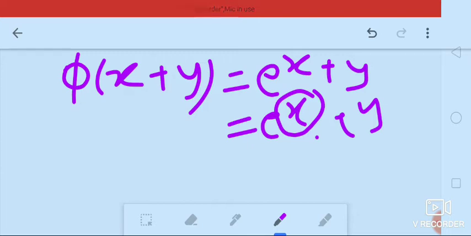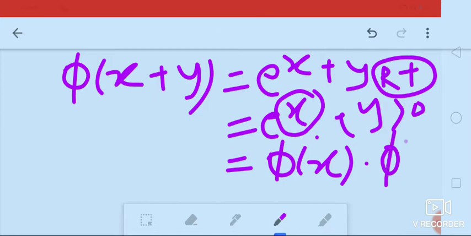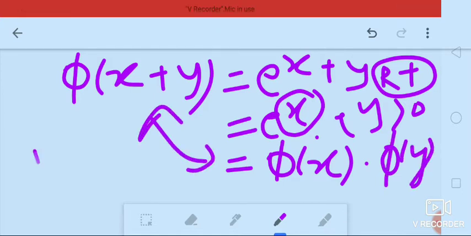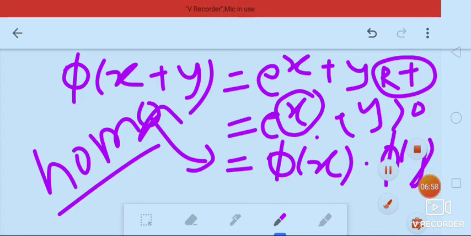These are positive real numbers, so this belongs to R plus. So this is pi of x into pi of y. So it satisfies the homomorphism condition. This satisfies the first condition.